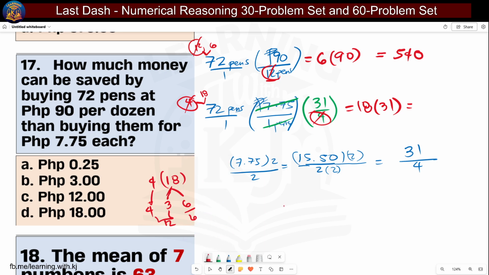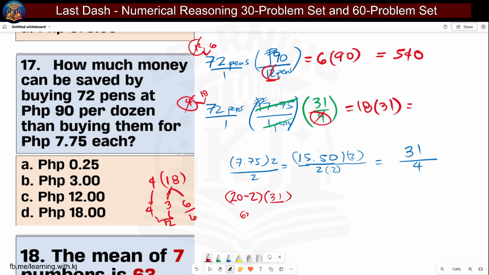Let me get our pencil. With the FOIL method I used earlier, either 18 or 31 is what we'll tinker with. So for me, I'm going to use 20 minus 2 for 18 times 31. Okay, this seems easier. So 20 times 31: 31 times 2 is 62, right?